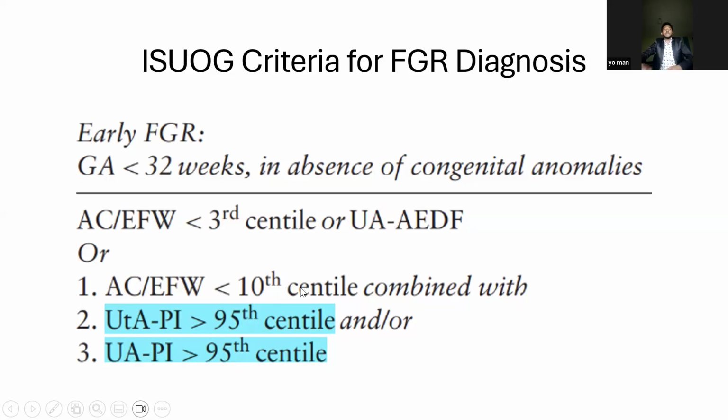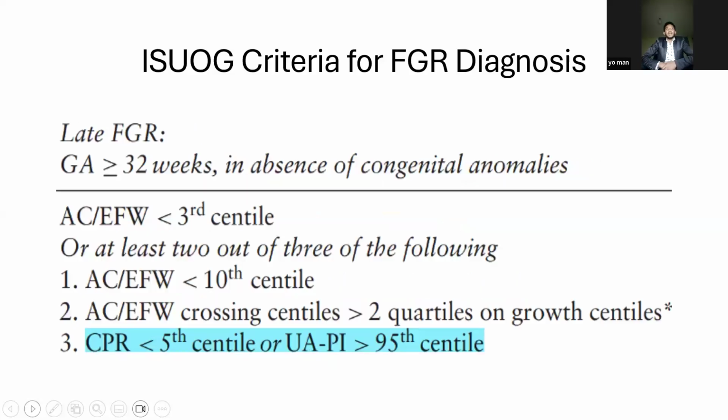And what you're going to do is investigate the Doppler. So if the uterine artery and the umbilical artery were found to be greater than 95 centile, you may call it FGR, but in combination with Doppler parameter. Okay, if the estimated fetal weight or the AC is less than 10 centile for the established gestational age.